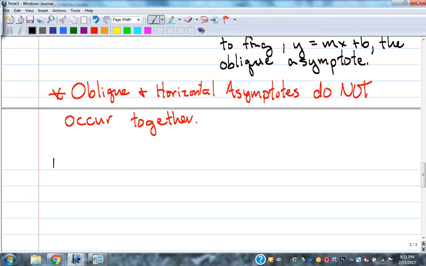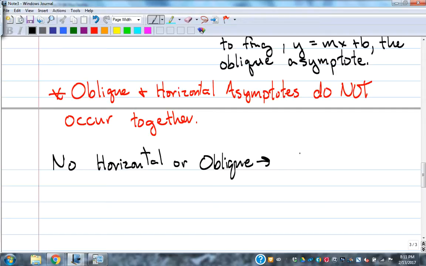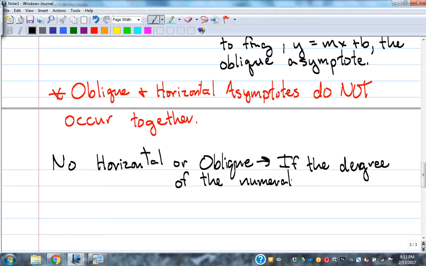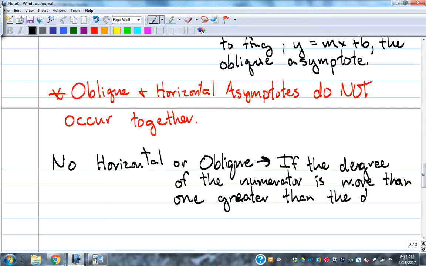There is a case where you have no horizontal or oblique, and that's if the degree of the numerator is more than 1 greater than the degree of the denominator.